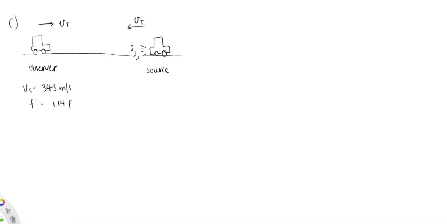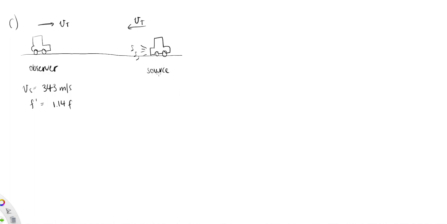Okay, so for part C, we're looking at 2 trucks. I've drawn them here that are travelling towards each other at the same speed. And they're far apart enough, they're in different lanes, but they're far apart enough that they're essentially head on. And one driver, our observer here, is hearing the horn of the other one. So we can call the one who's hearing the noise or the horn the observer, and the one who's making the noise the source.